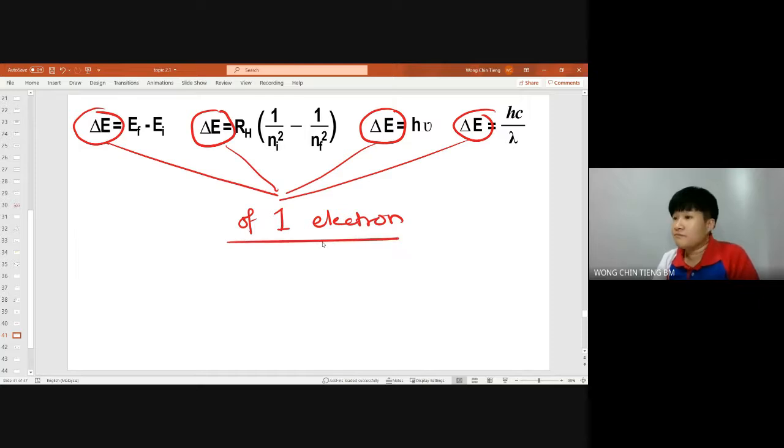Remember your chapter 1? One piece versus 1 mole.